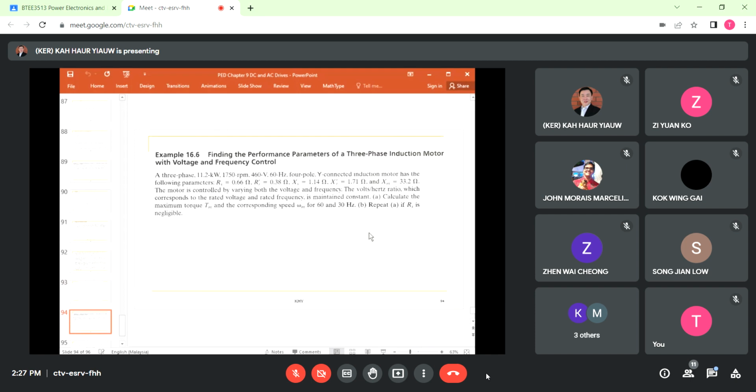The motor is controlled by varying both the voltage and frequency. The volt-hertz ratio, which corresponds to the rated voltage and rated frequency, is maintained constant. A. Calculate the maximum torque Tm and the corresponding speed omega s for 60 and 30 Hz. B. Repeat A if Rs is negligible.